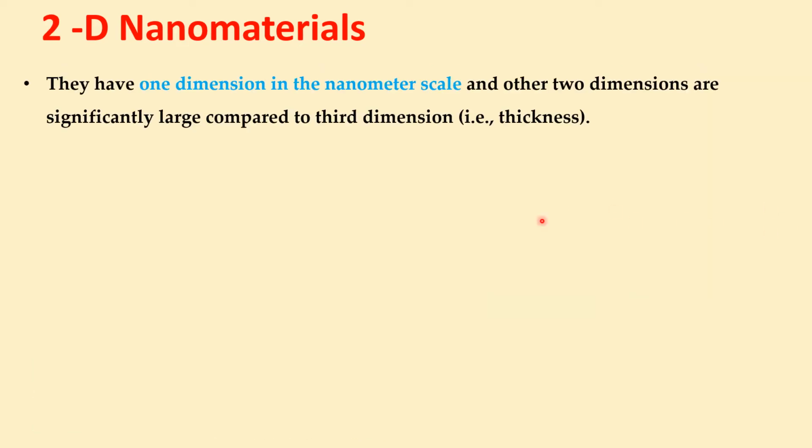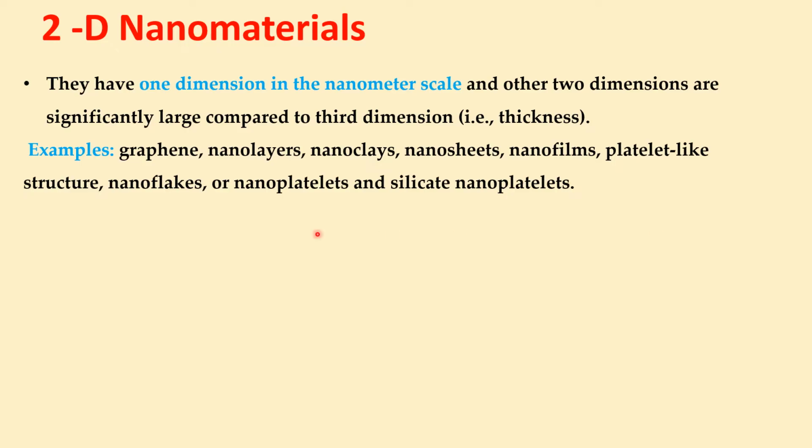In two dimension nanomaterials, we have layers, and they have only one dimension in the nanometer scale, and the other two dimensions are large as compared to the third dimension, like graphene nanolayers. Graphene is a layer of carbon atoms, nanosheets, nanofilms, and platelet-like structures.